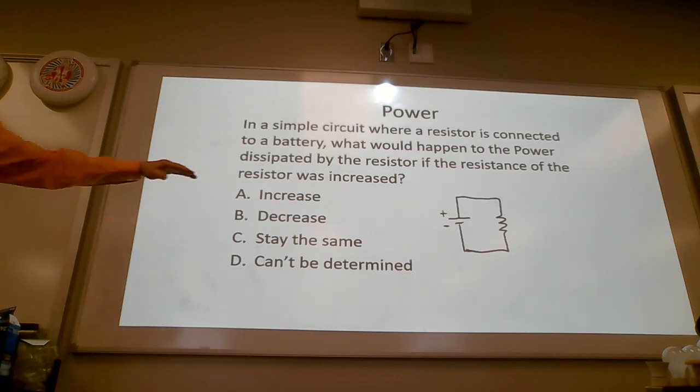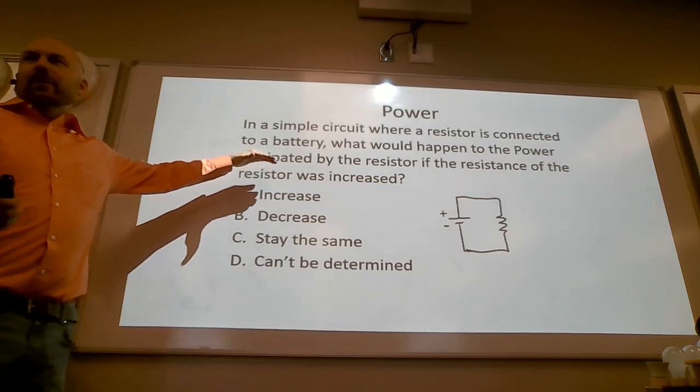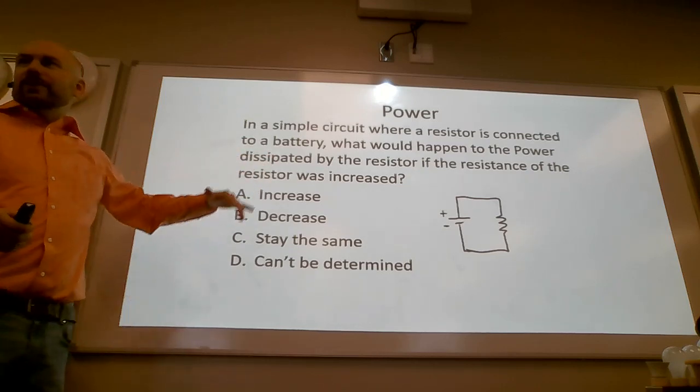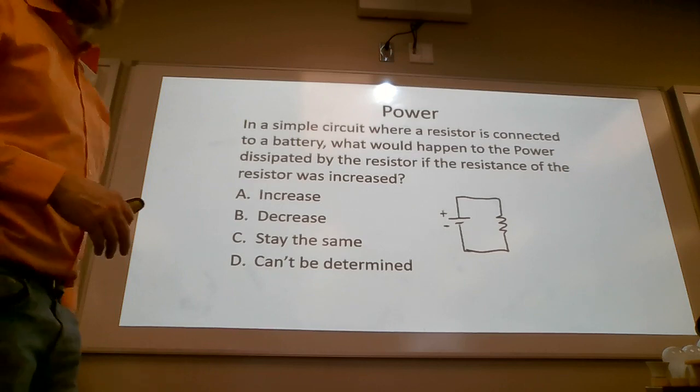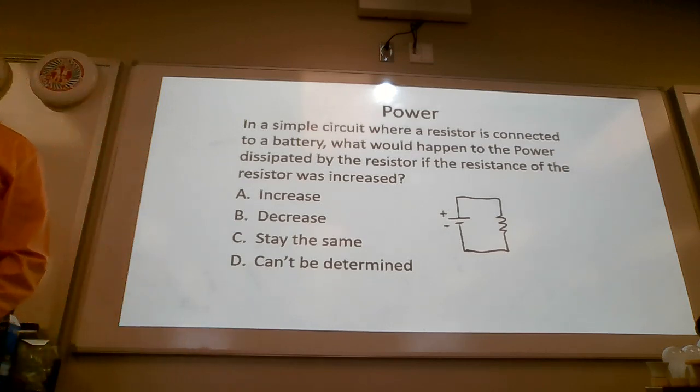Oh, here's another thing. The word dissipated is just the weird word that we use, the verb we use for power. I wouldn't necessarily choose it, but if you look in any physics textbooks, they all use dissipated. So it just means to give off, changing that energy.